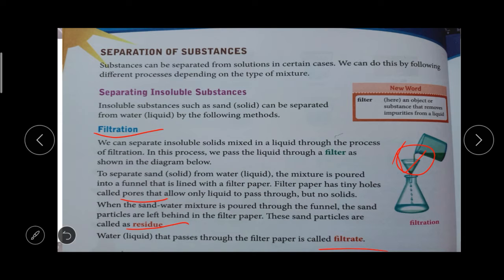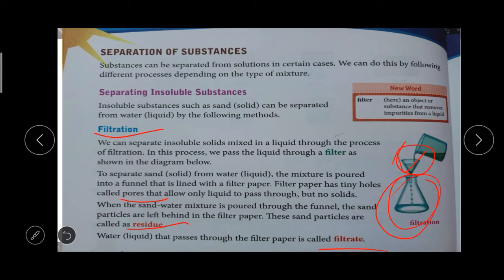Only the water reaches the bottom flask, and the sand particles remain in the filter paper. The sand remaining in the filter paper is called residue, and the filtered water is called filtrate.